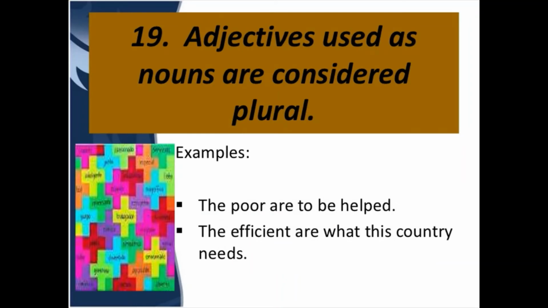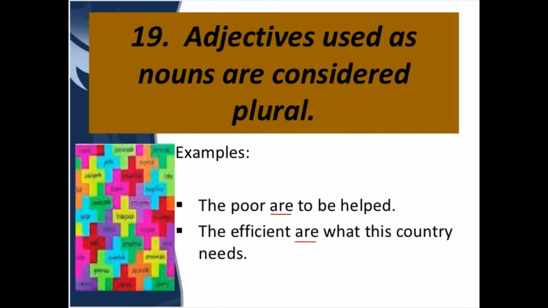Rule number 19, adjectives used as nouns are considered plural. Examples: the poor are to be helped. The efficient are what this country needs. So as you can see, the sentences always take a plural verb. Why?